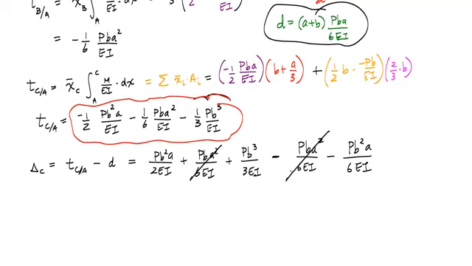And if I combine everything together here, I will get that this delta C is equal to 1/3 PB squared A over EI plus PB cubed over 3EI. And that is the magnitude of deflection at point C.